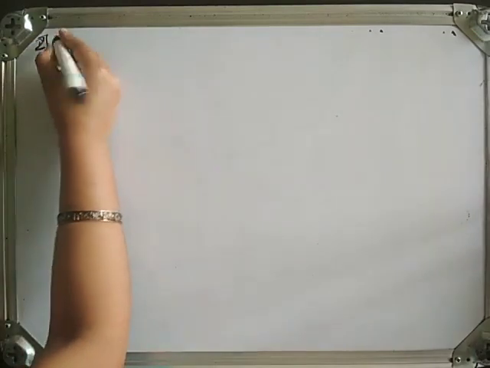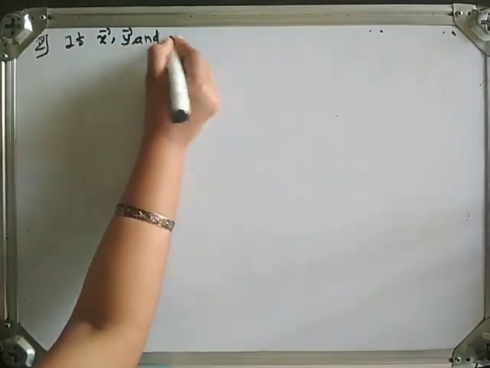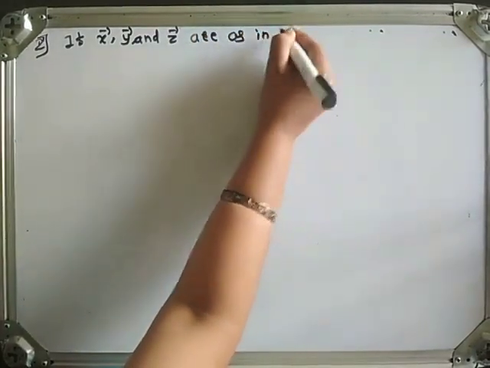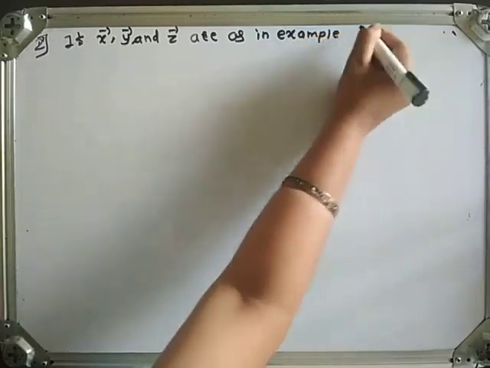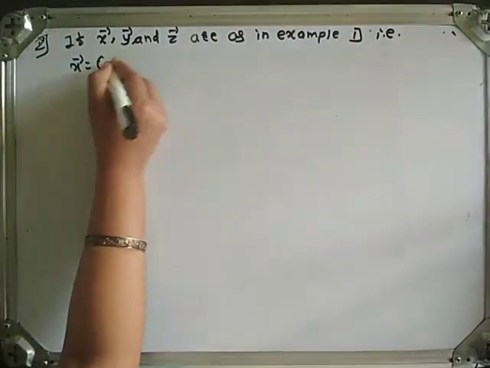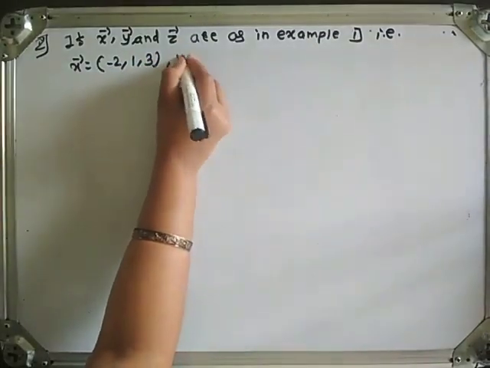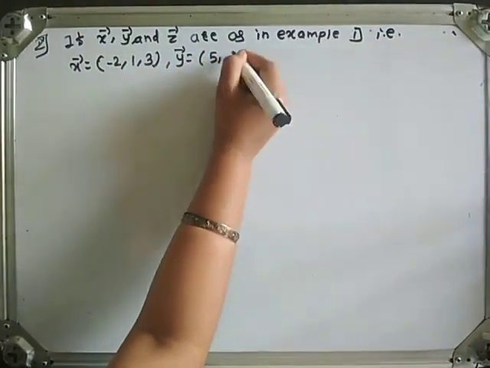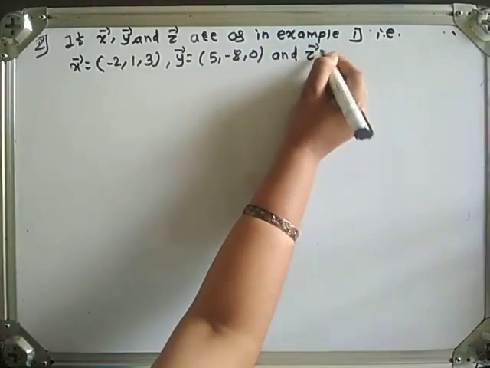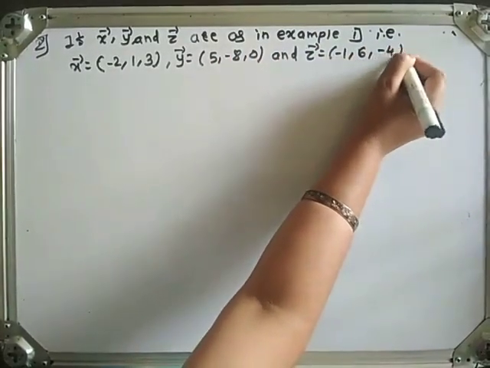Example number 2 is: if x bar, y bar and z bar are as in example 1, that is x bar is equal to vector minus 2, 1, 3, y bar is equal to vector 5, minus 8, 0, and z bar is equal to vector minus 1, 6, minus 4.